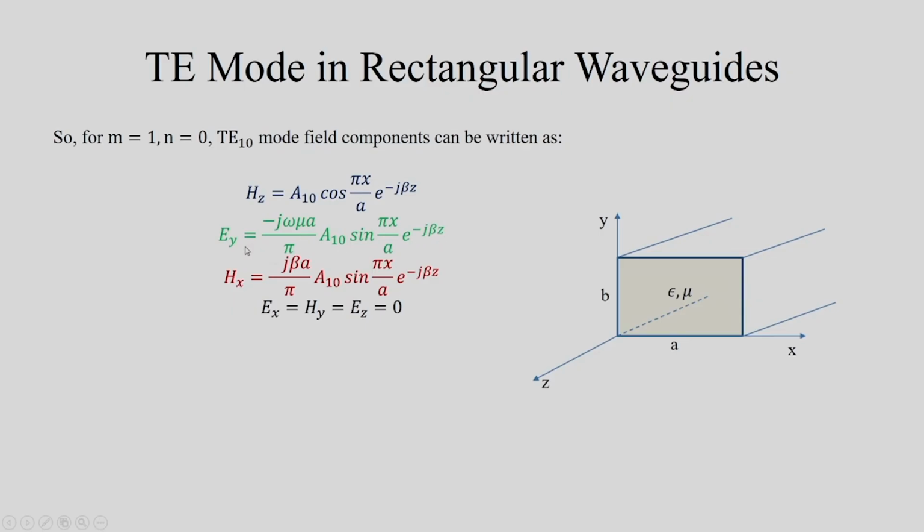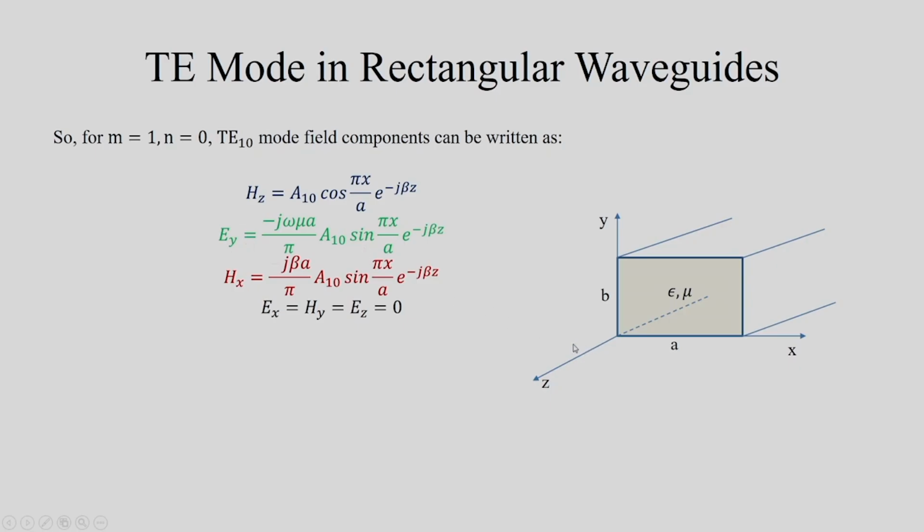Please note that we have only the Ey component and it will have a sinusoidal distribution over the guide cross section, and it is a function of x. So, we will have the maximum value of Ey at x equal to a by 2, and we see that for x equal to 0 and x equal to a, Ey becomes 0.